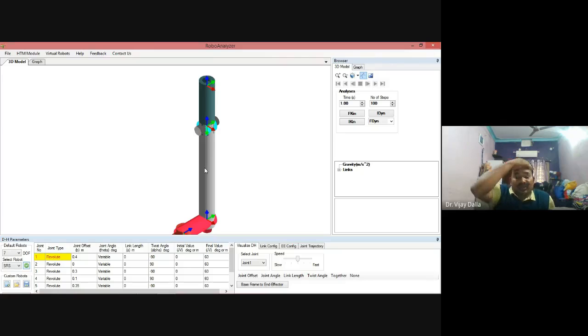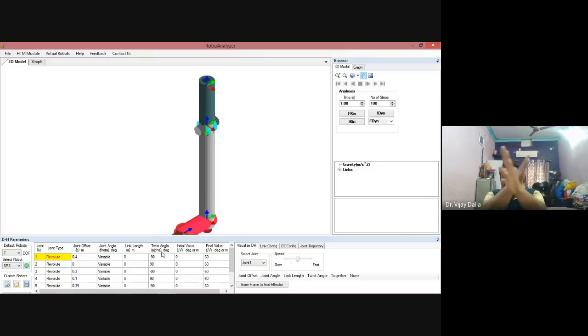So DH convention, once again, D denotes Denavit and H denotes Hartenberg. And there are four parameters: the joint offset in the case of a prismatic joint, the joint angle in the case of a rotary joint, the link length, and the twist angle. Suppose both the axes are not parallel.